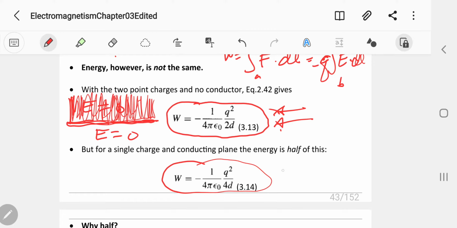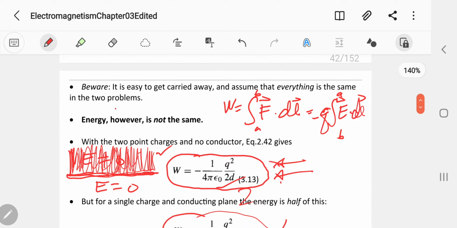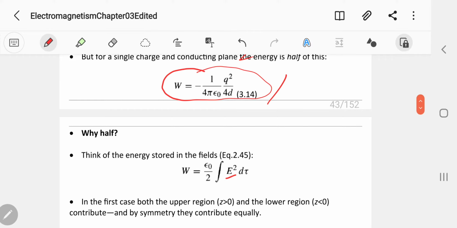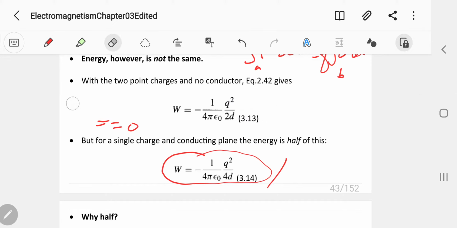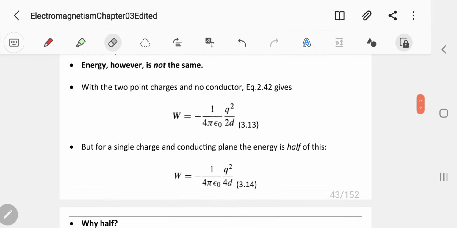So half of this one would be the energy above the plane, because there's no electric field below the plane, only above the plane. So let's continue. Only half. For the force, it's the same, but for the energy, only half.